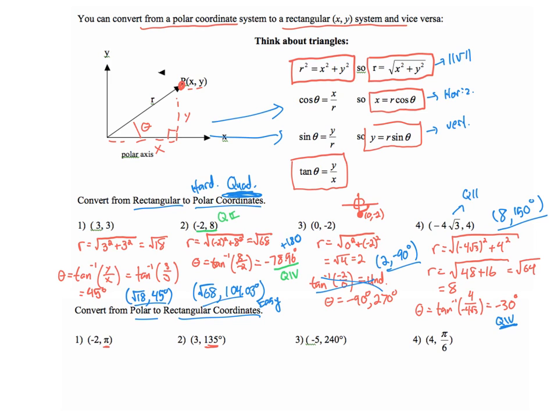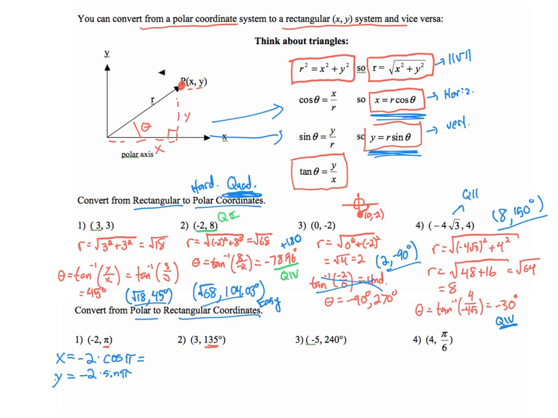But in order to convert these, really, all you have to do is apply these two formulas up here, which really we know from our study of vectors and magnitude form. So here's how it works. What we're going to do is say the x-coordinate is the radius times cosine of our angle, which in this case is pi, and the y-coordinate is the radius times sine of our angle, which in this case is pi.